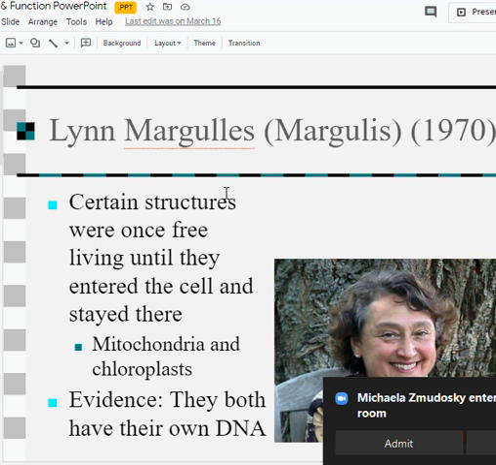Next, we have Lynn Margulis, in 1970, and she was able to determine that mitochondria and chloroplasts are formerly free-living organisms that have their own DNA and are able to replicate on their own.